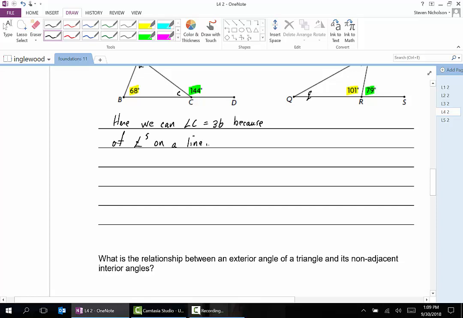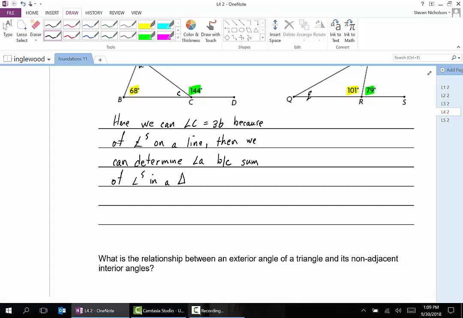And then, given that we have that, we can determine angle A, because of the sum of the angles in a triangle. So that picture there, here's my little symbols in a triangle, allows us to figure out the angles in a triangle.